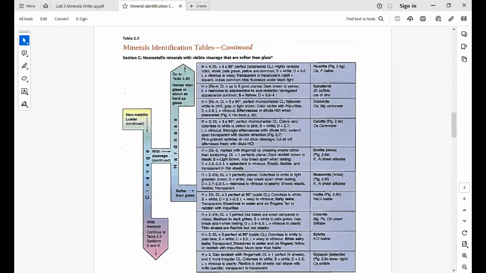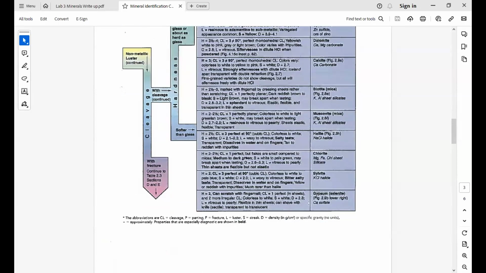We're still on this cleavage and softer than glass. We know it's not gypsum because we just saw gypsum, right? Let's see, hardness of 2, cleavage 3, perfect at 90, colorless to white to pale blue, streak is white, waxy to vitreous, which is glassy, bitter, salty taste.